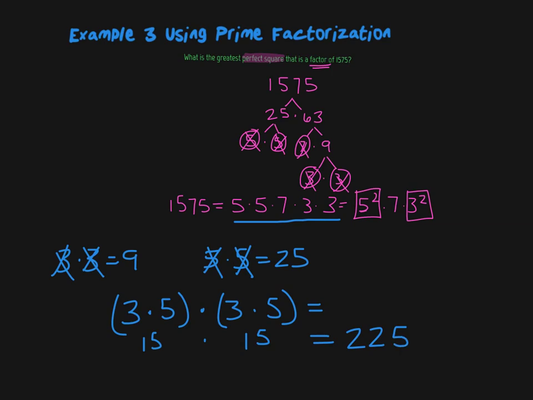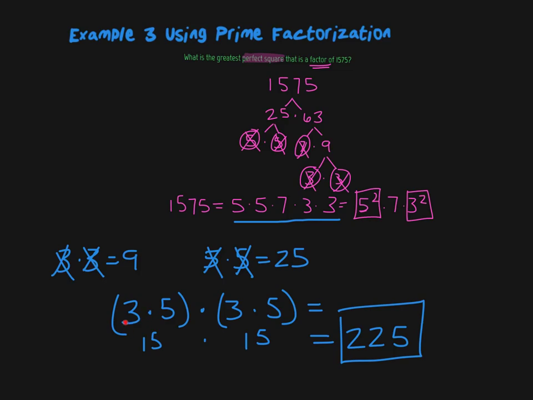So what our information's telling us by finding the prime factorization is that the greatest perfect square that's a factor of 1,575 is 225.